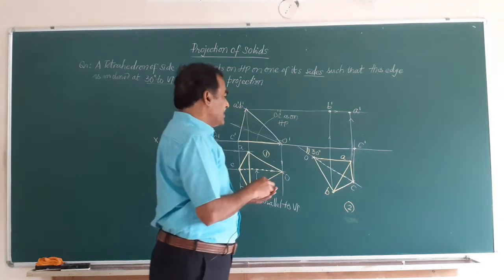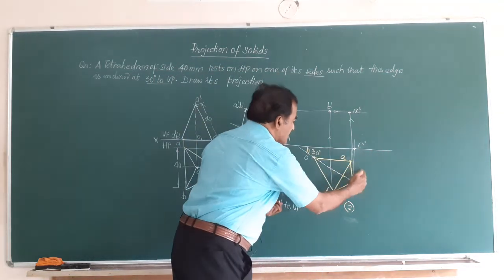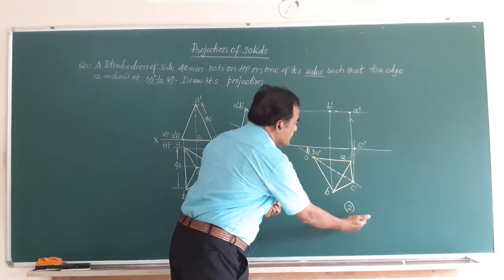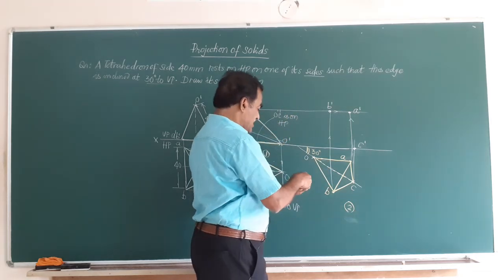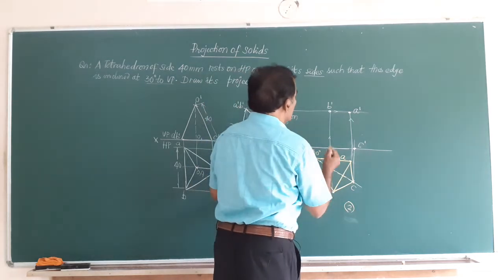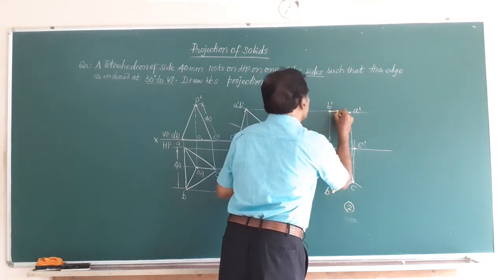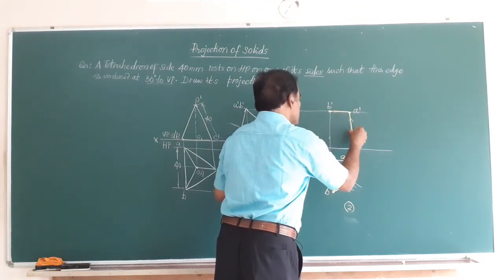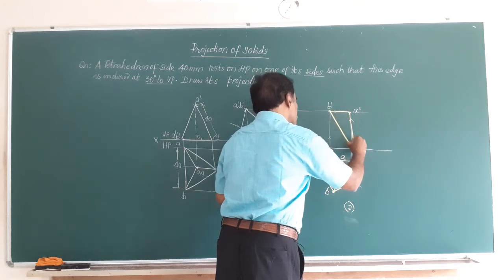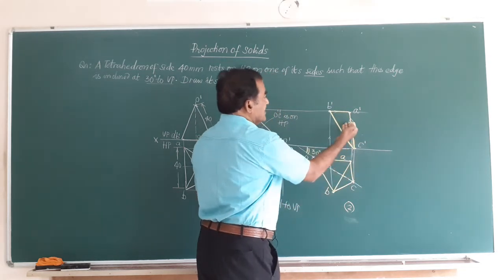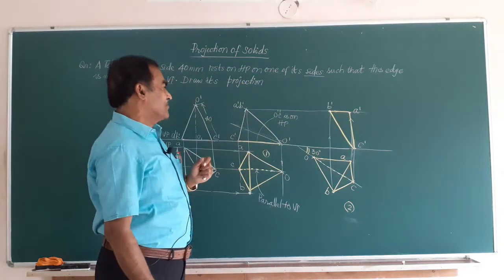Friends, you got all the 3 points, and since the triangular face ABC is nearer to the observer, you will be able to see the complete base. So I am going to join A to B, A to C and then B to C. This triangle is seen like this in the front view.